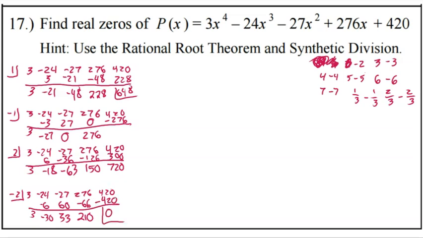We got one. We got one. Negative 2 is one of our zeros. So we're going to say x equals negative 2, and I'm going to put a box around it.